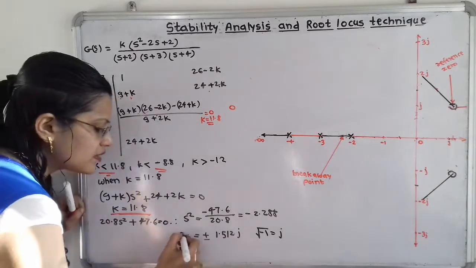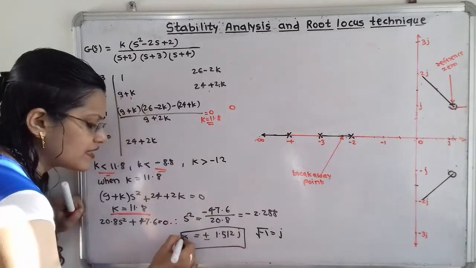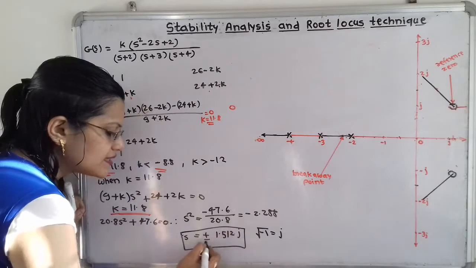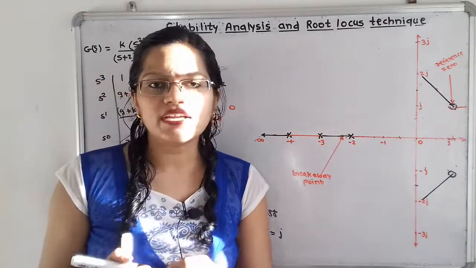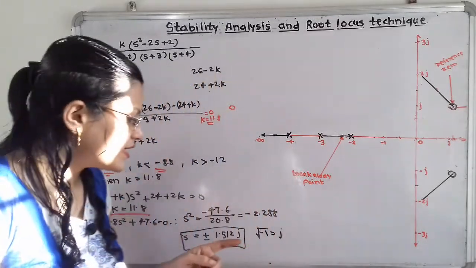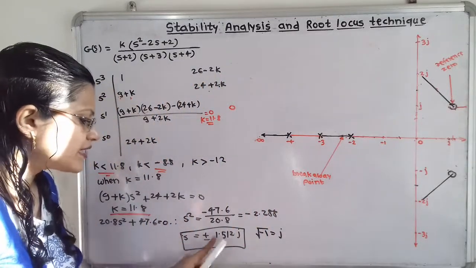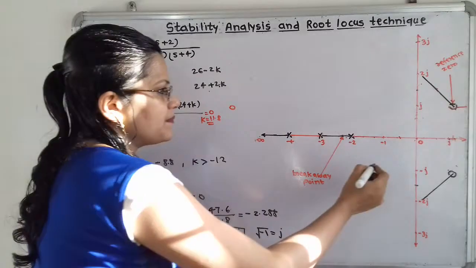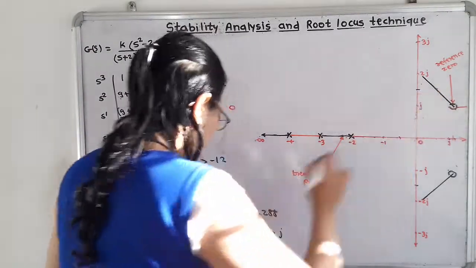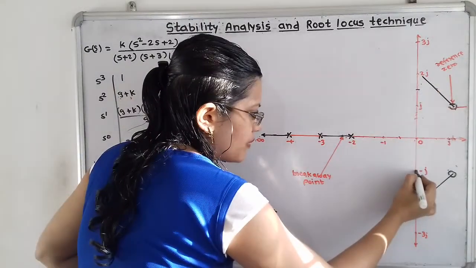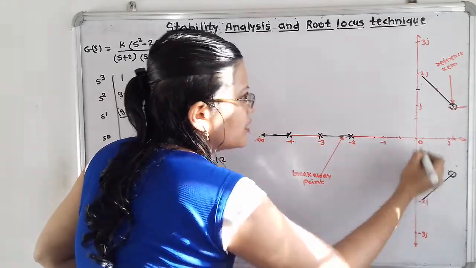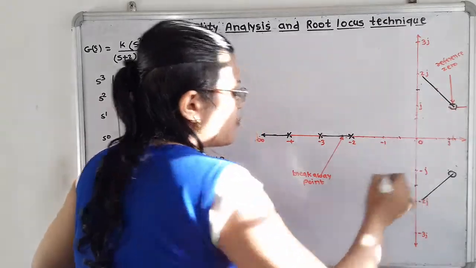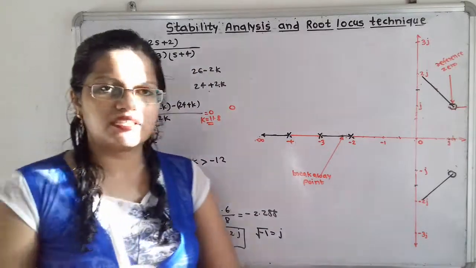So this is the solution for the auxiliary equation, and this solution is nothing but the point of intersection of branches on the imaginary axis. So I will take plus 1.5j here, and minus 1.5j. So these two points are the points of intersection on the imaginary axis.